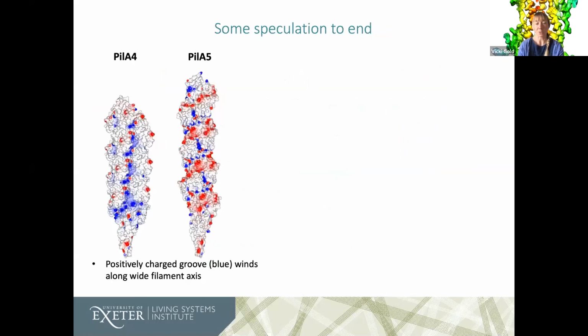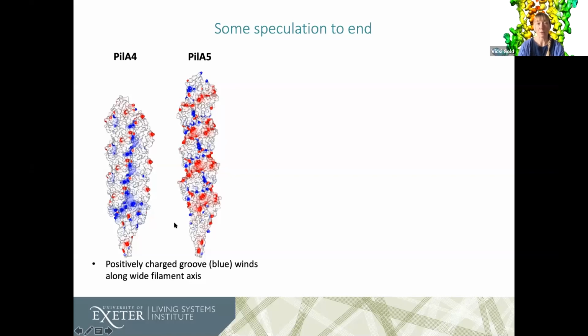Okay, so I'm going to end on a bit of speculation. And this requires us to have a look at the charge patterns in both filaments. So PIL-A4 has a positively charged patch winding around the filament axis, which is not found in PIL-A5.